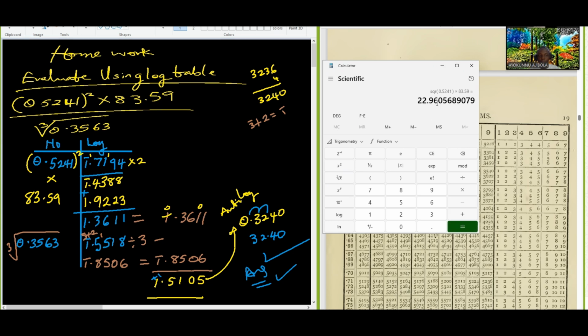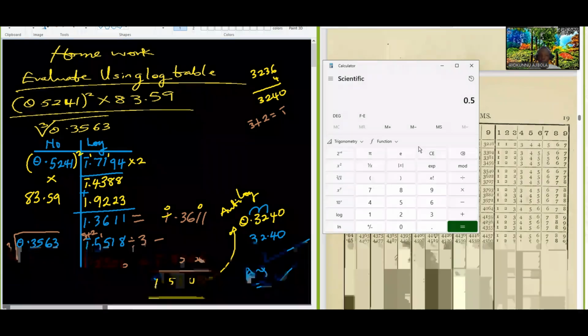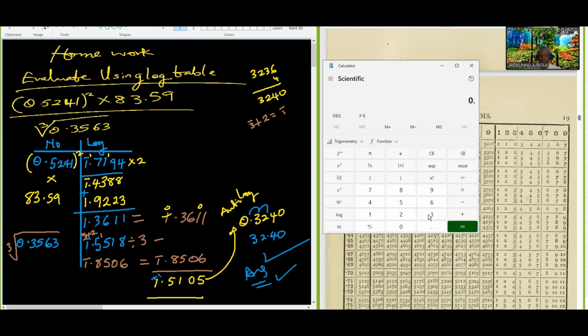Then the other one at the bottom, 0.3563. We'll find the cube root of that one. It gives us 0.7089. So that 22.96 divided by 0.7089.